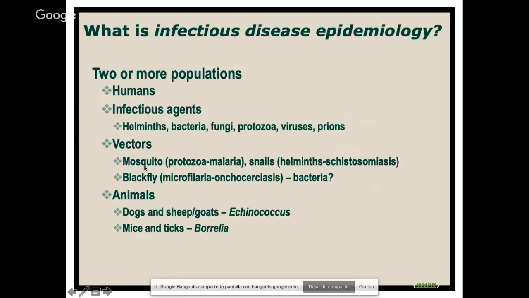The vectors: first mosquitoes that transmit malaria, snails that transmit schistosomiasis, black flies, and some bacteria can also be vectors. Animals like dogs, sheep, or goats can transmit echinococcus. Mice and ticks can transmit borrelia.